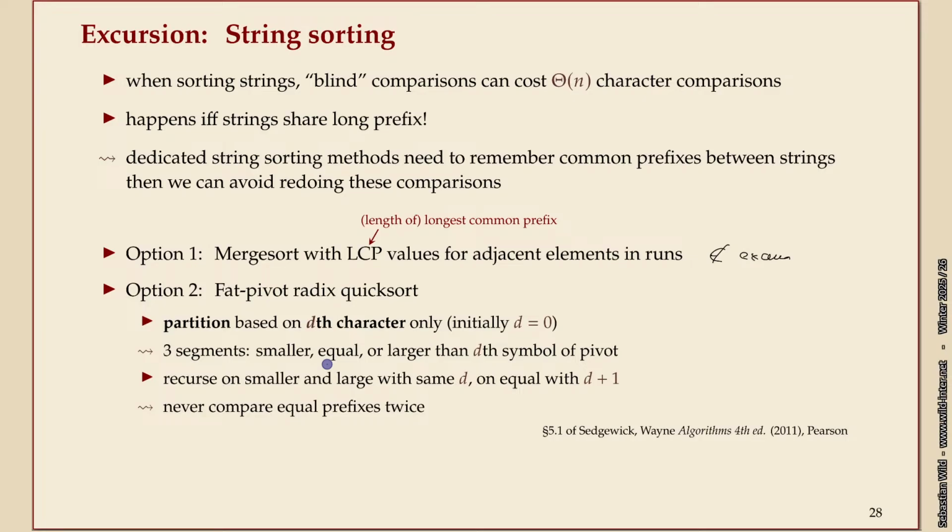And then they're all going to stay in this equal partition, but I'm advancing d to 1. So in the next partition step, I'm going to find, according to the character at position 1, where they are. Maybe they're still all equal, but I don't forget that they have been checked. I'm not going to look at these characters ever again.